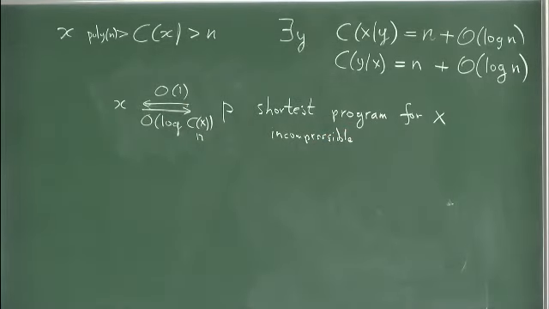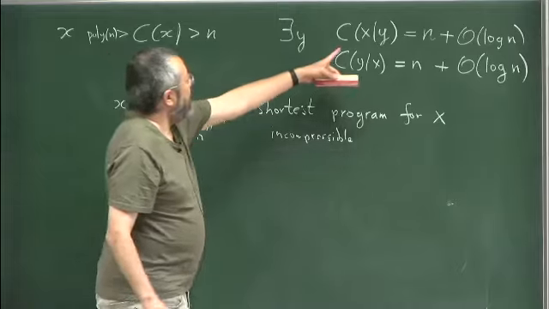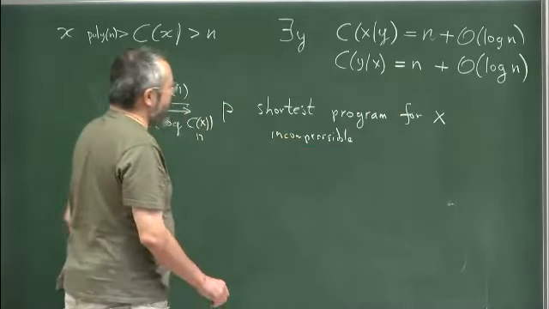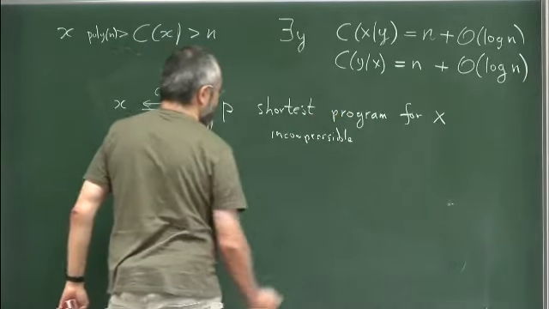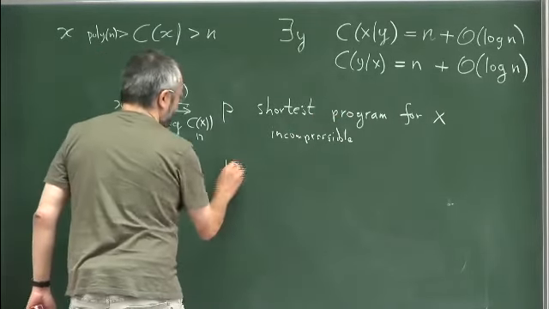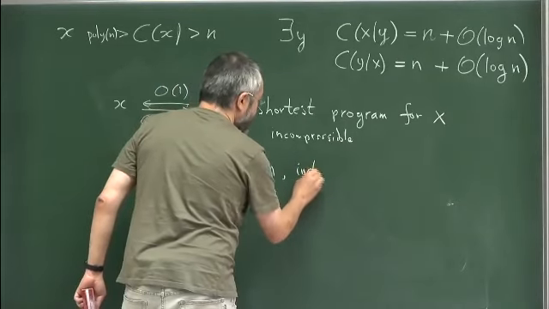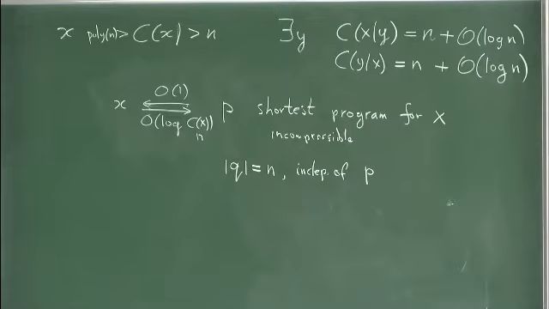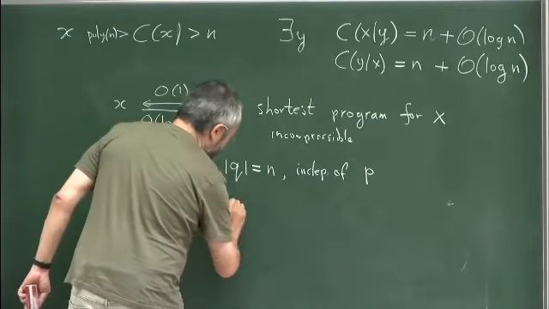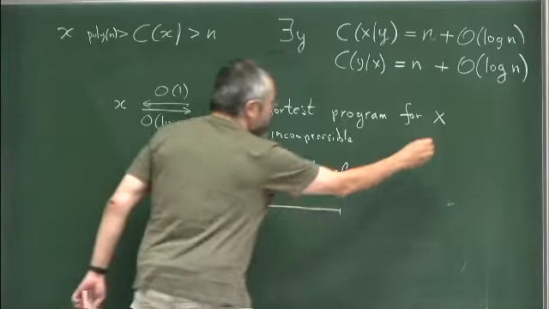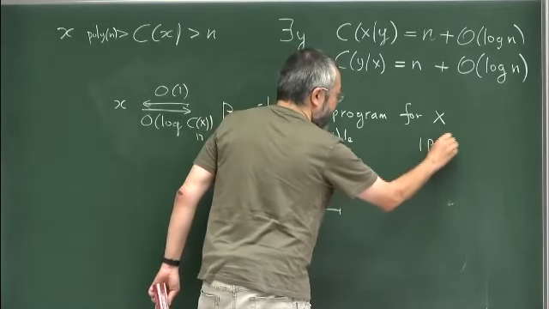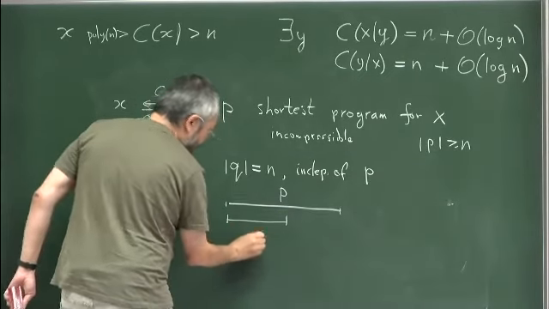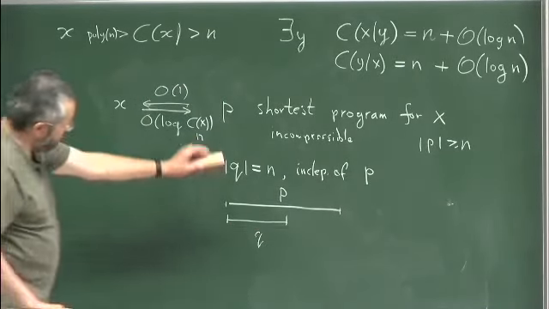So what should we do then? If we need y to have complexity n, we need to add n new bits. So we take some q of size n and independent of p. The mutual information between p and q is very small. And then we take this p, which is longer than n, and we just take q and replace part of p by q.